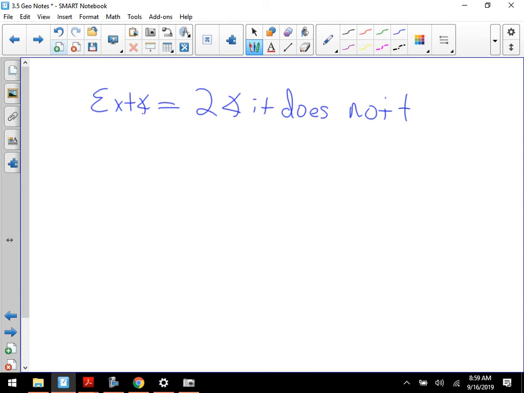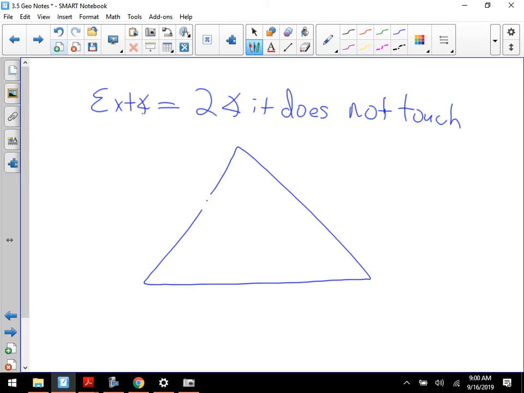Sometimes they're called remote interior angles. If you think about the remote parking lot at the airport, it's far away from the airport. So with your interior angles and that exterior angle, it's not touching. That outside angle always equals the sum of the two angles it doesn't touch.